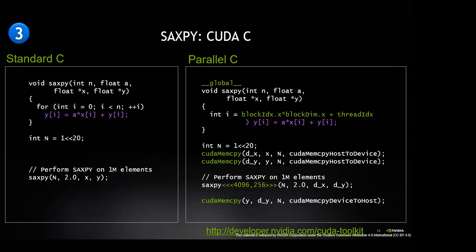You see the first function, the SAXPY function, which is decorated with __global__, which is the CUDA extension to tell that this is a piece of code which has to be compiled and run on the GPU. And of course, you have to take care of the data transfer, because CPU and GPU have two separate physical memories.